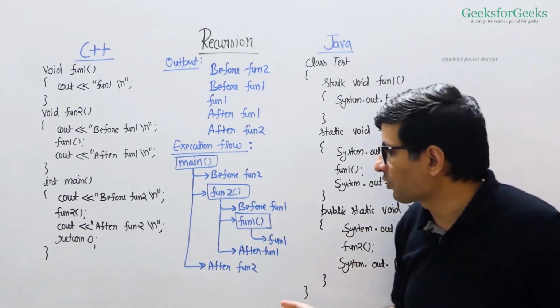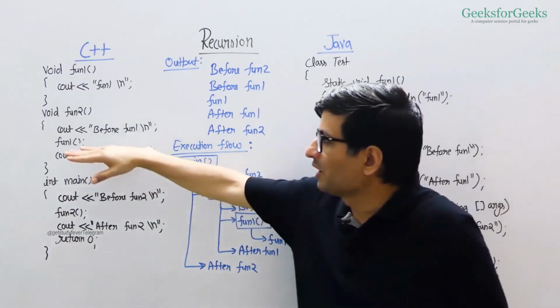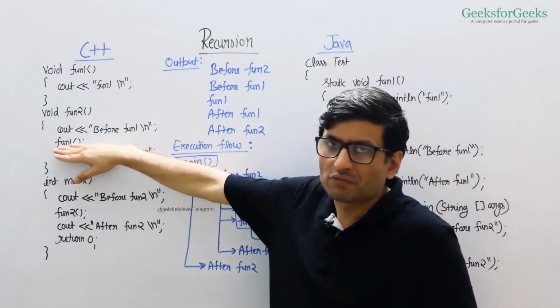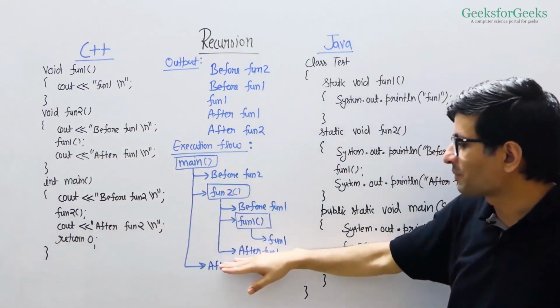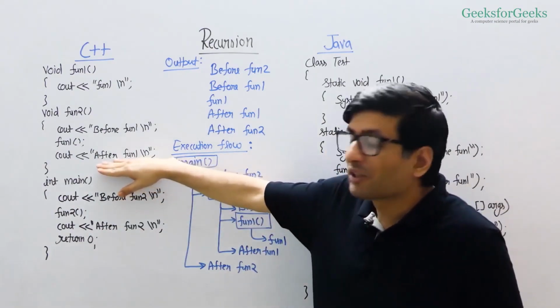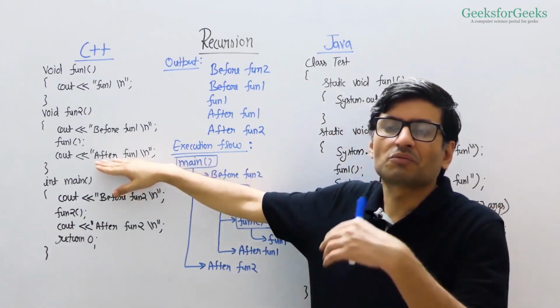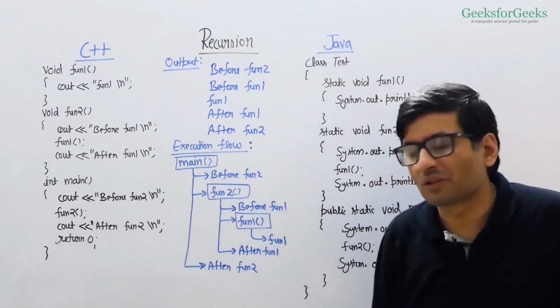Now fun2 gets the control back, and fun2 resumes its execution from the line just after the call of fun1. So fun2 executes this line, and after fun1 is printed on the screen. And this was the last line that fun2 has to do. So now fun2 is done, and control is given back to the caller of fun2, which is main.